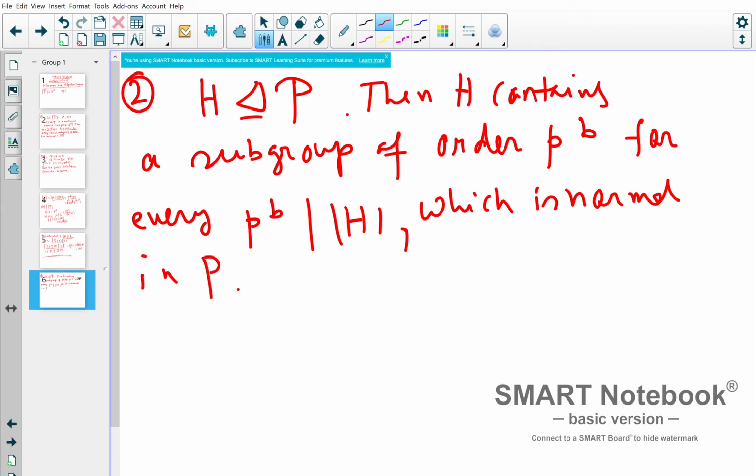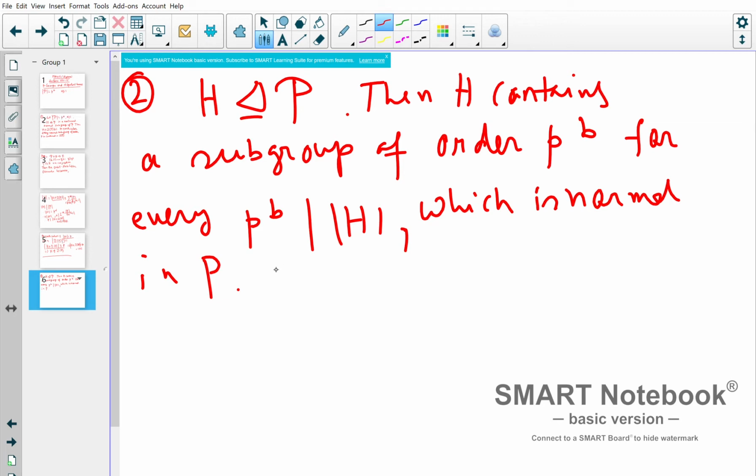That means whenever you have a normal subgroup H of a p group P, that subgroup is also a p group, and for whatever prime power divides the order of the normal subgroup H, you have a subgroup of H which is a normal subgroup inside P of the same order.